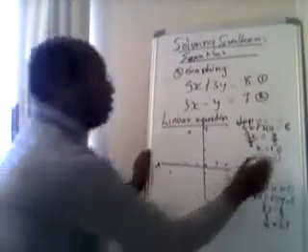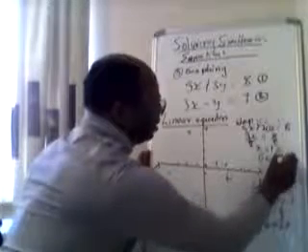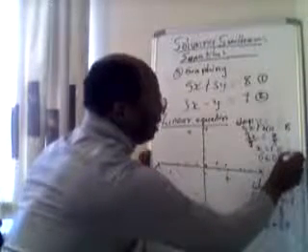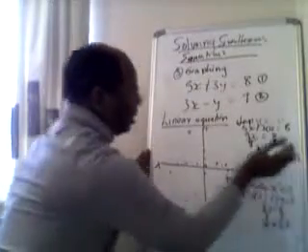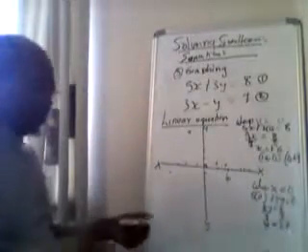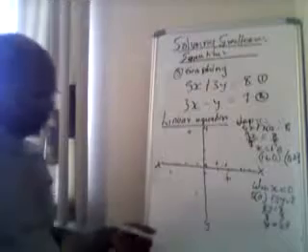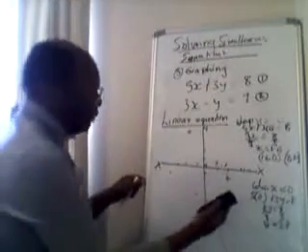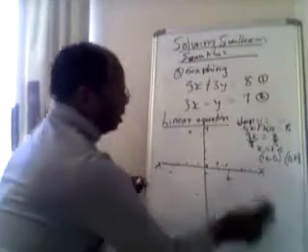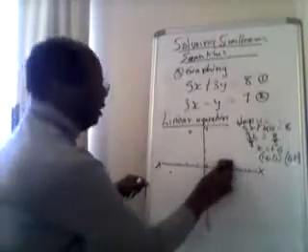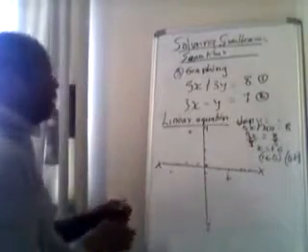The next point is x is 0, y is 2.7. So those are the coordinates for the first line, and we can draw that. We're going to do it roughly because we don't have proper graph paper.